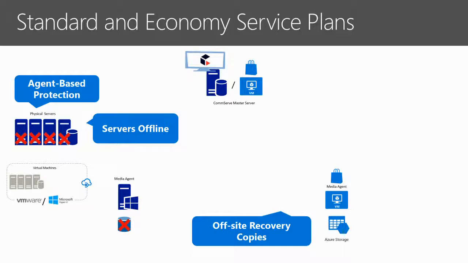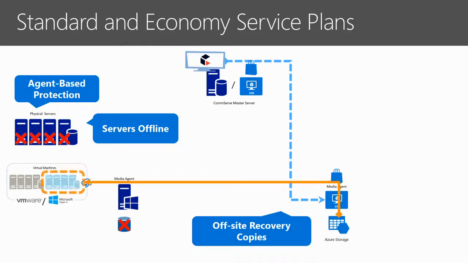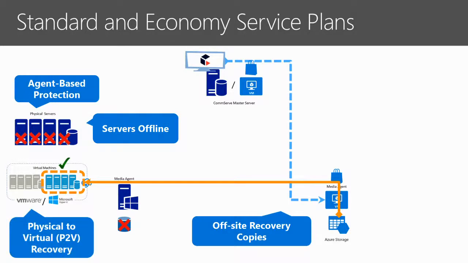If copy A is unavailable, we automatically revert to copy B. Is it slower recoveries across the WAN? Of course it is. But we still automate that process of saying, I've gone to my default, it's unavailable, automatically fail to the next copy, and recover from there. Okay? That's a really common scenario that is helped solve simply by having an architecture that supports it.